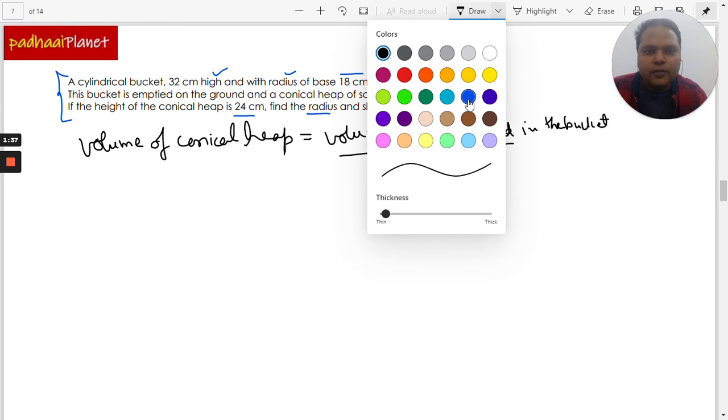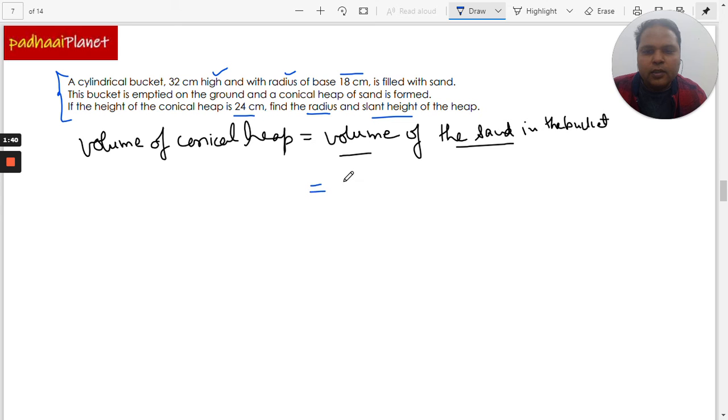So now let's put the formula here, and that's pi r square h, right? And this is pi and r square. Now r here is the radius of the base, 18 centimeters, so that's multiplied by 18 because that's the square, and the height is 32 centimeters, so we write here 32.